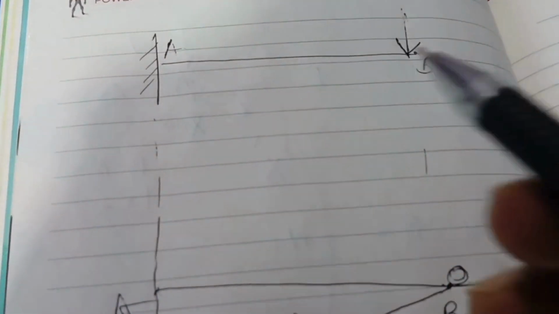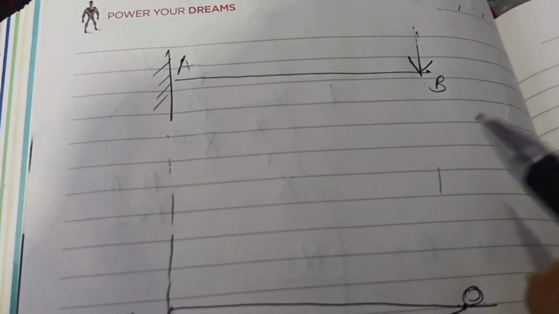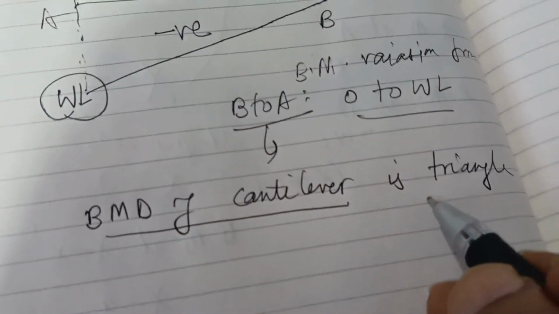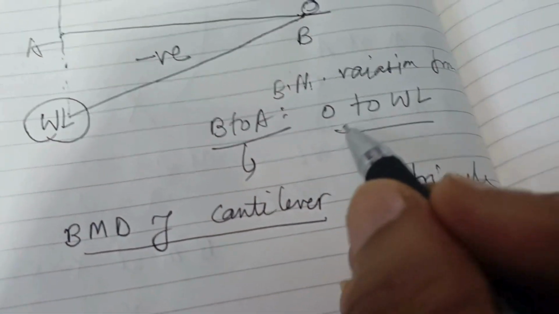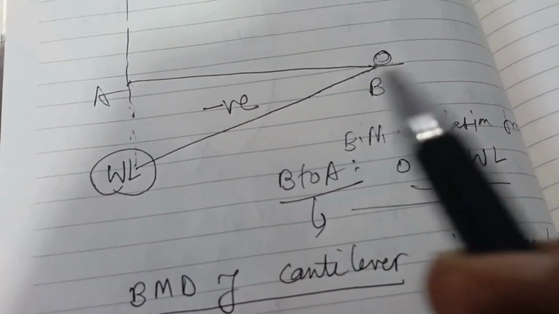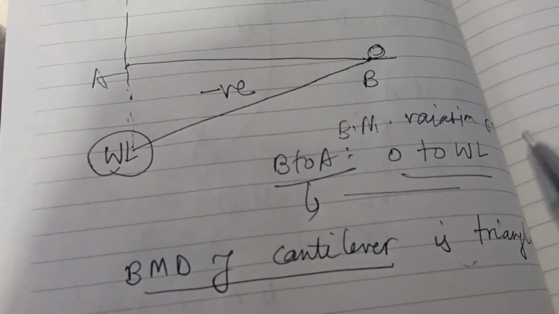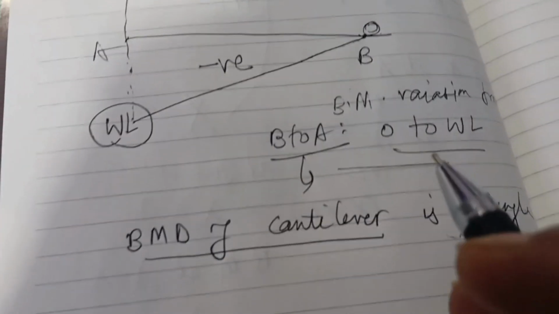So only one point load is acting, and that too at the free end. In that case, the bending moment diagram is a triangle, and the variation is linear as we progress from the free end towards the fixed end.